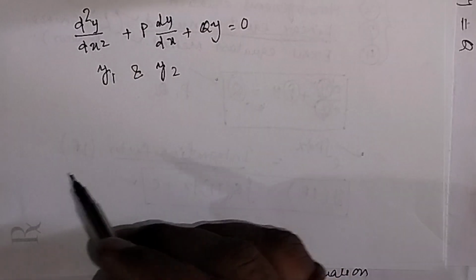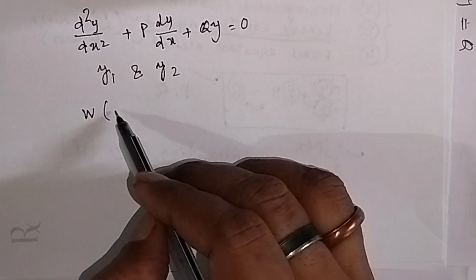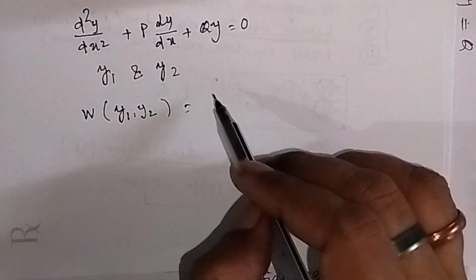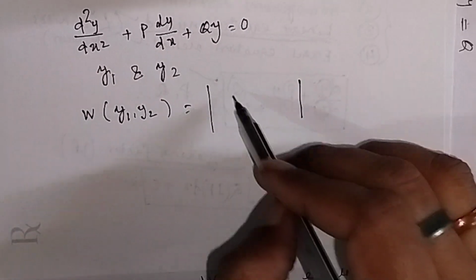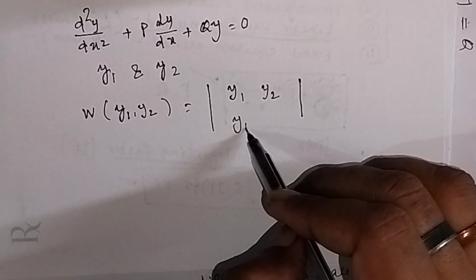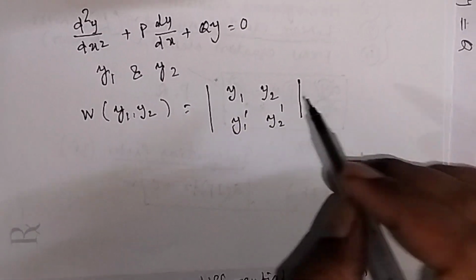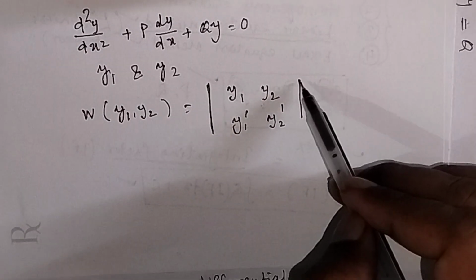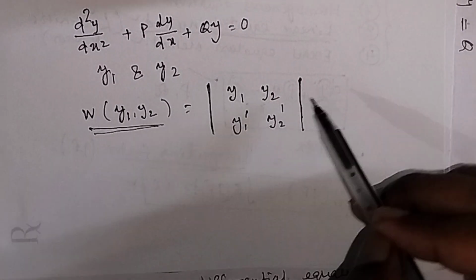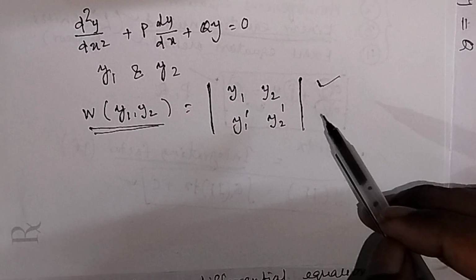Then the Wronskian, written as W(y1, y2), is the determinant of y1, y2, then the first derivative of y1, and the first derivative of y2. This determinant gives you the Wronskian of the differential equation.